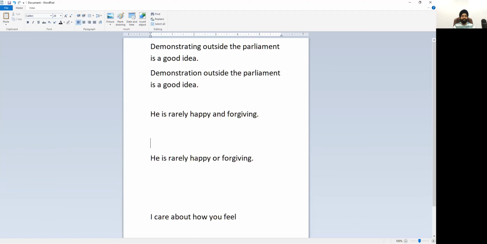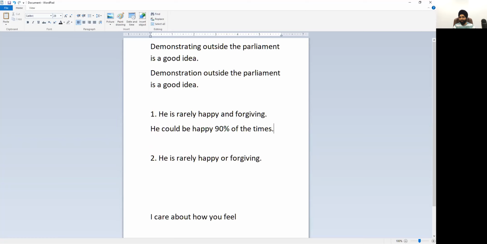In the first case, in this sentence, he could be happy 90% of the times. But if he is not forgiving in those times, the statement is fine. That he is rarely happy and forgiving, that he is rarely both of these things.